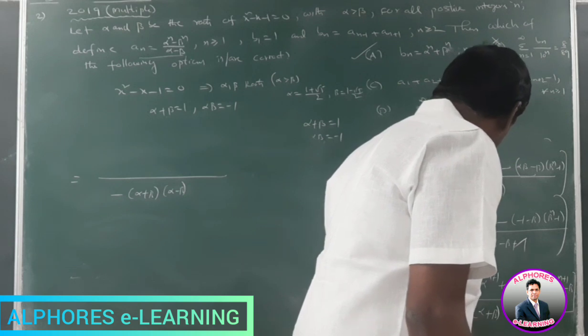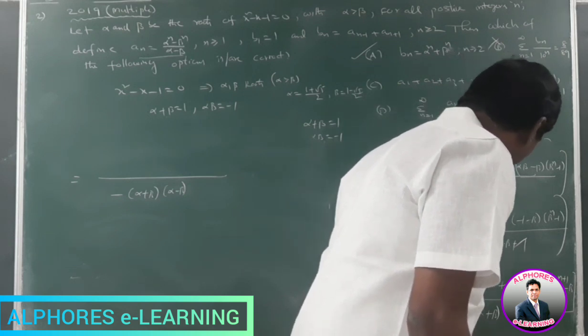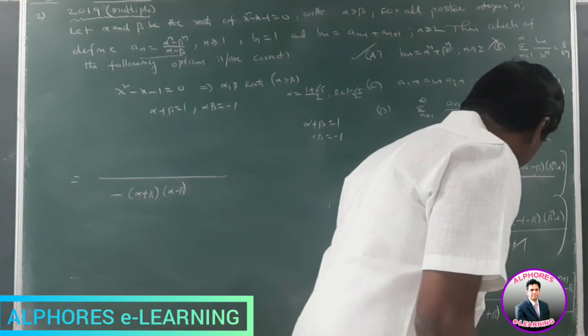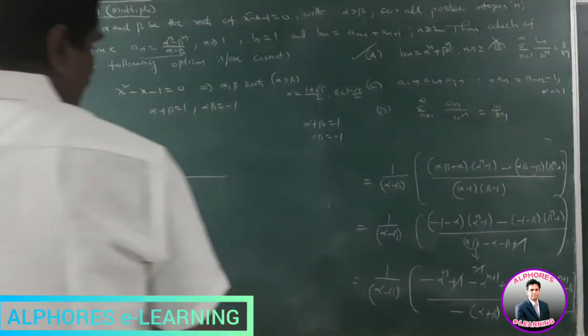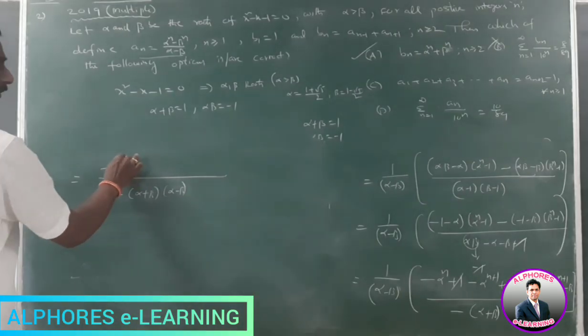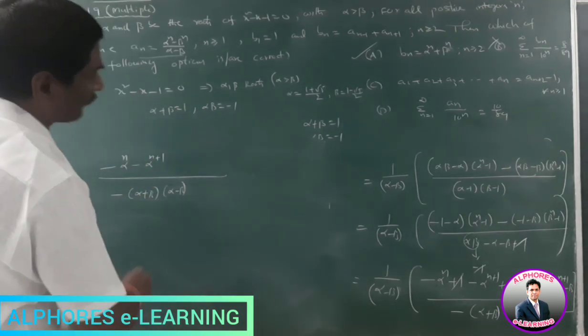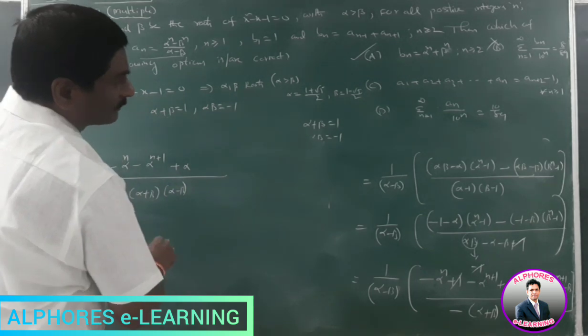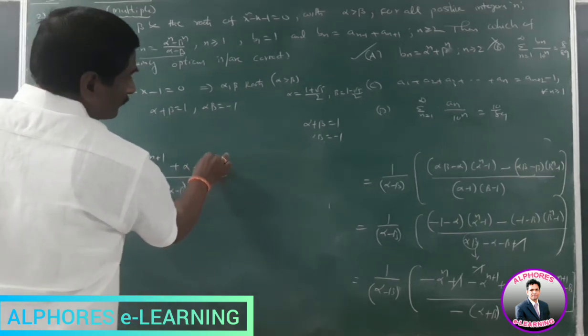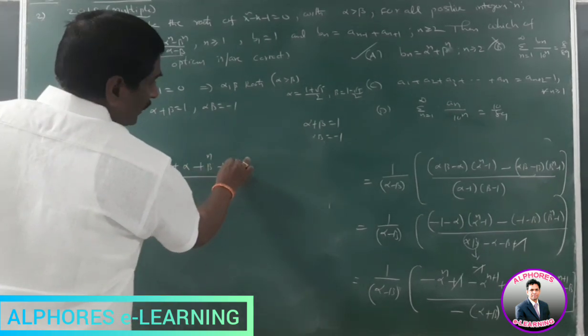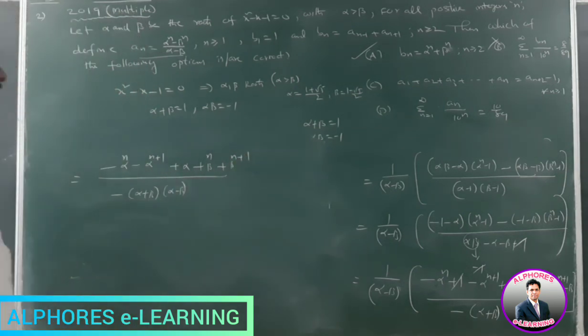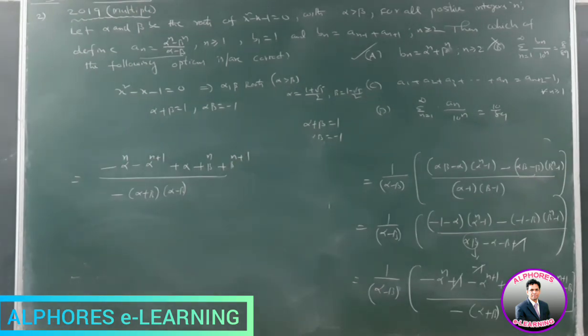That is equal to minus alpha power n minus alpha power n plus 1 plus beta power n plus beta power n plus 1.